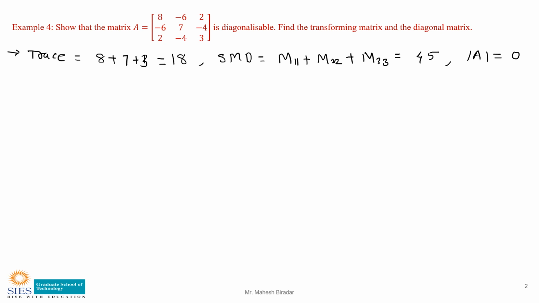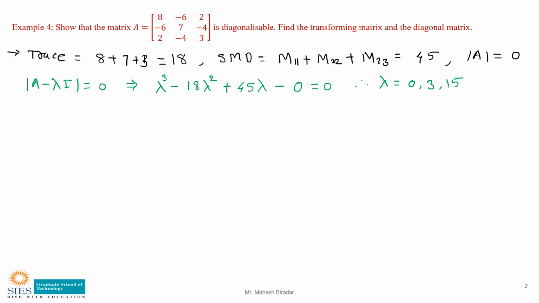The characteristic equation is determinant of A minus lambda I equal to 0, and we know the shortcut method for writing it: lambda cube minus trace into lambda square plus SMD 45 lambda minus determinant of A equal to 0. If you enter this equation in the calculator, we will get lambda equal to 0, 3 and 15. So 0, 3 and 15 are eigenvalues of A.